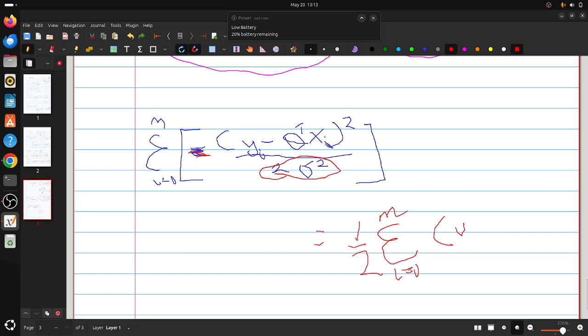So we get (y_i minus theta transpose x_i) squared. The 2 sigma squared we pulled out, since they are constants, so we remain with that.